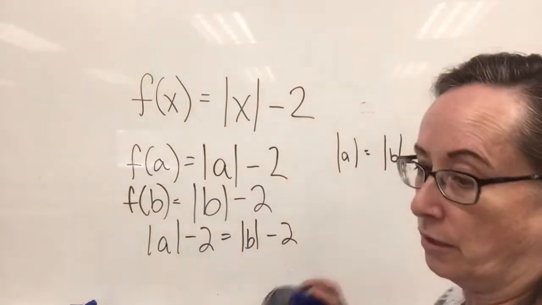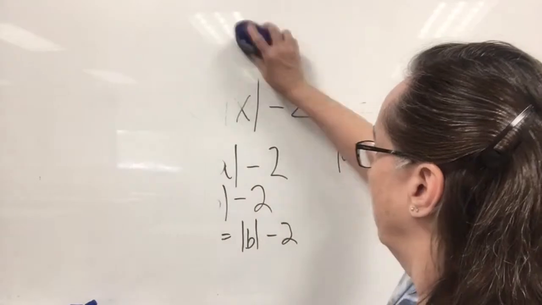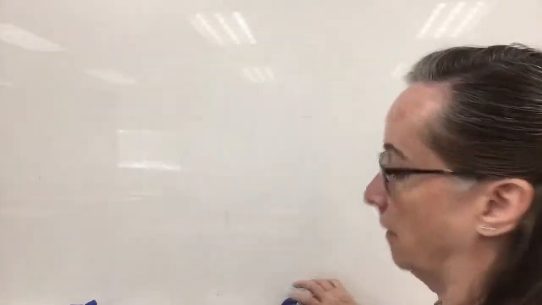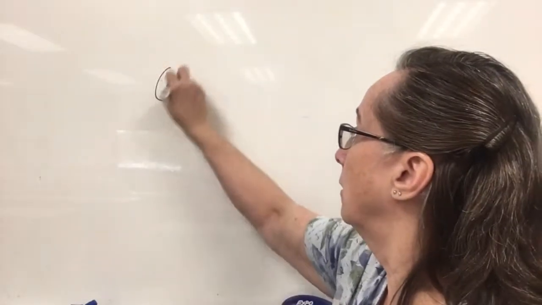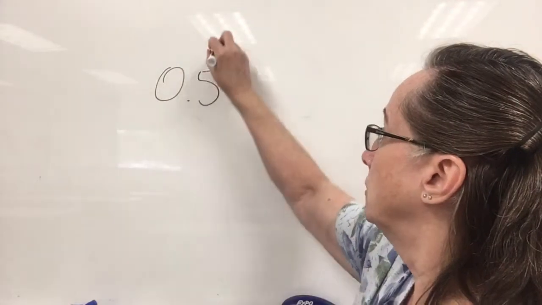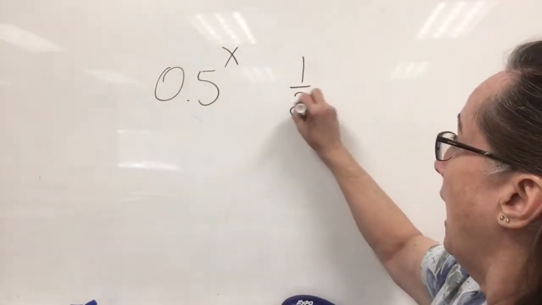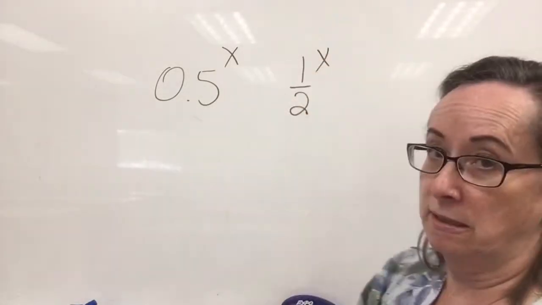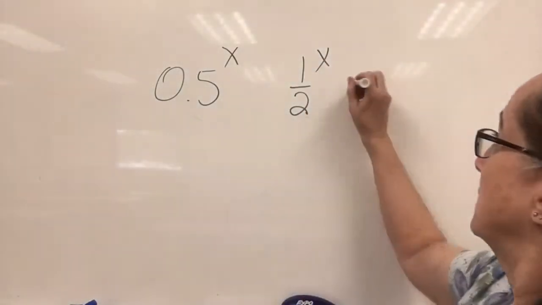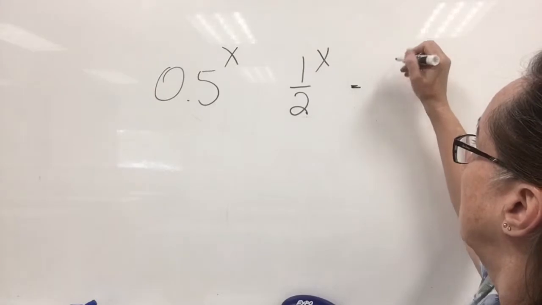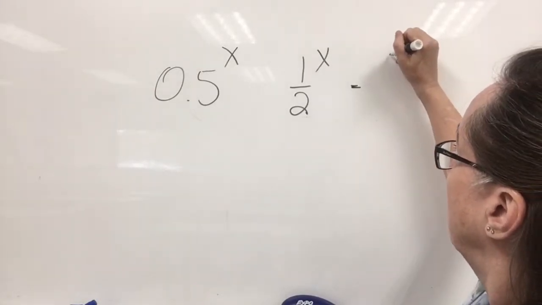So now we're going to do number 9 on the back of the PowerPoint, and we've got 0.5 to the x. Now remember, that's the same thing as 1/2 to the x, and 1/2 to the x is the same thing as 1 over 2 to the x.